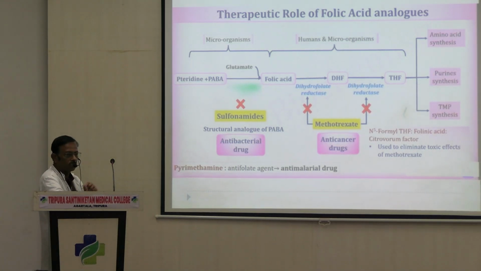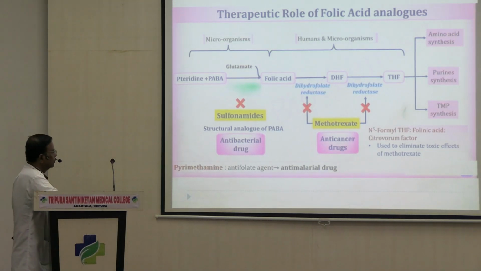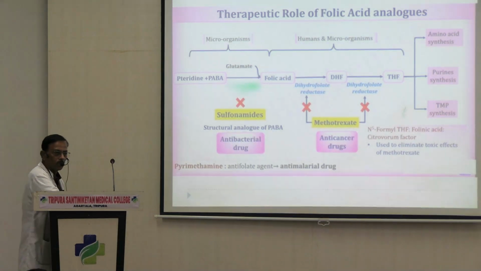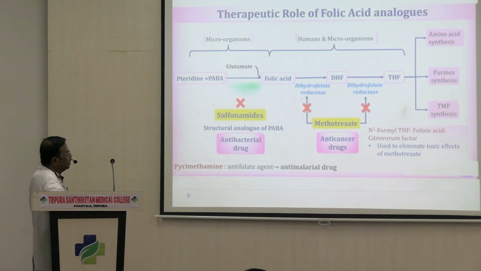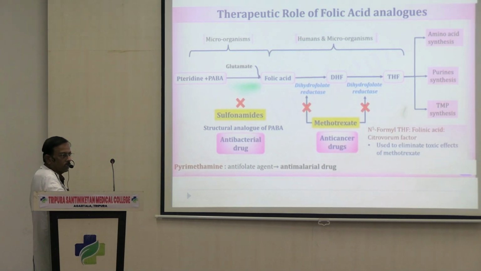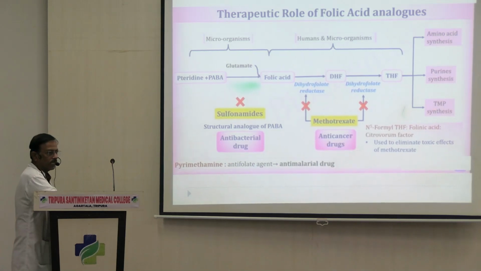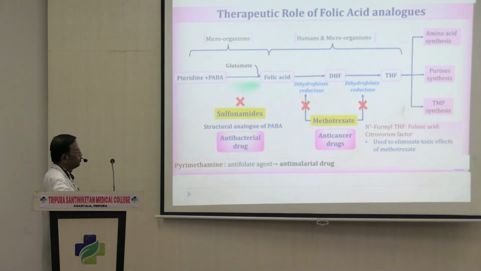If bacteria cannot synthesize folic acid, their DNA or RNA is not synthesized and they die. Methotrexate is an anti-cancer drug. It inhibits dihydrofolate reductase, so there will not be tetrahydrofolate for fast growing cells and there is death of the cancer cells.